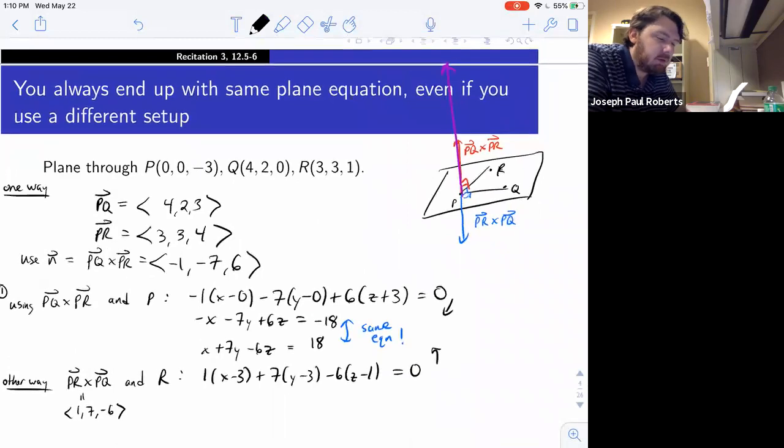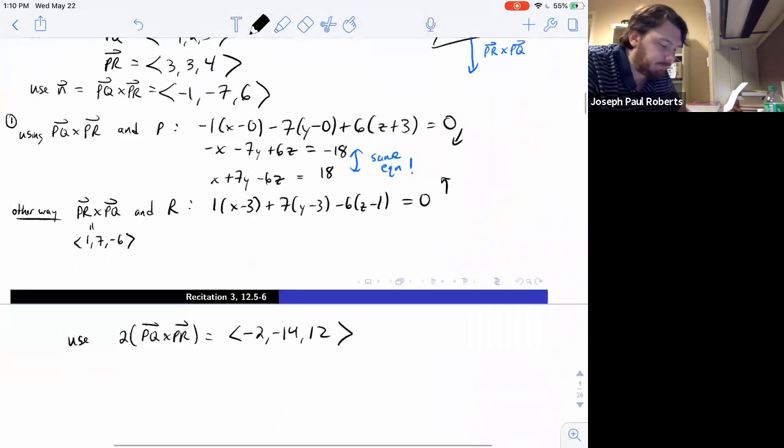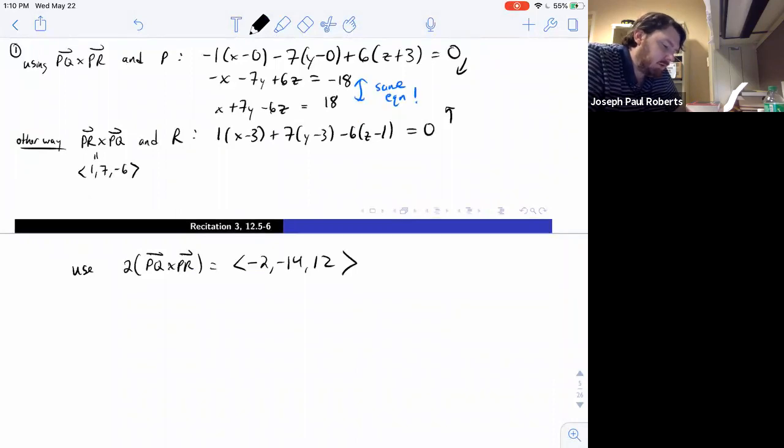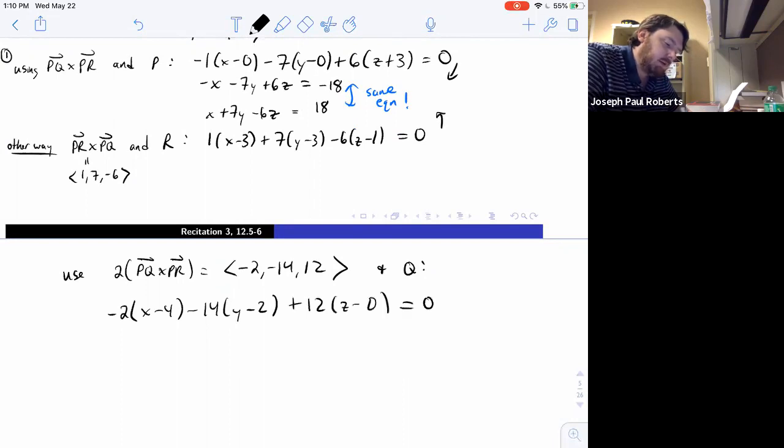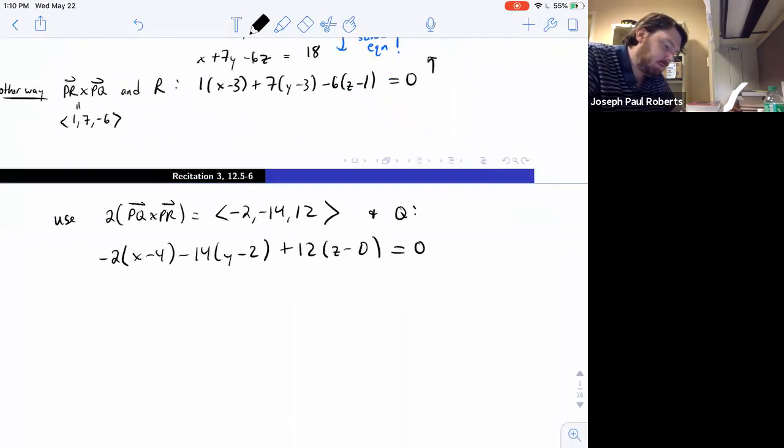I just stretch the PQ cross PR by a factor of 2, make it twice as long. That should still work. And just for fun, let's use point Q just to see that we'll get -2 times x minus 4, minus 14 times y minus 2, plus 12 times z minus 0 equals 0.